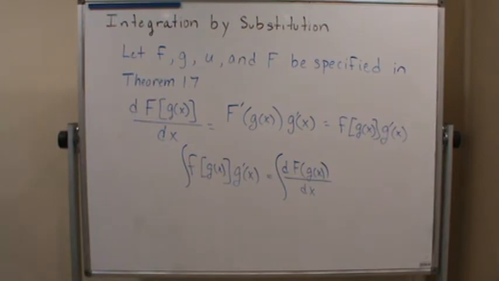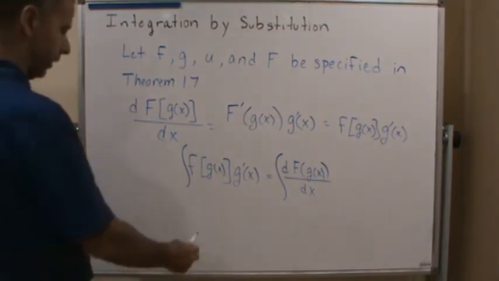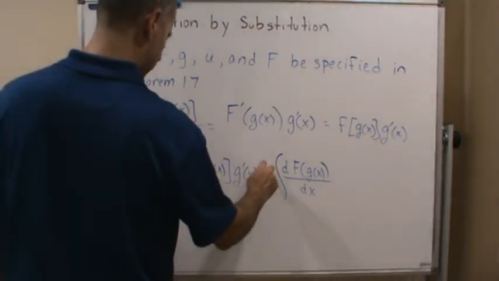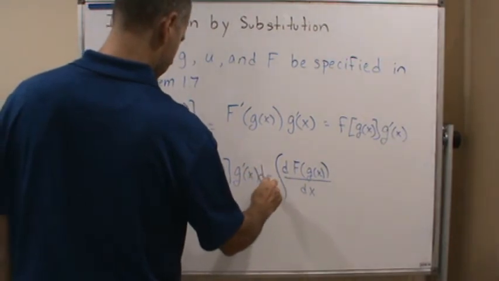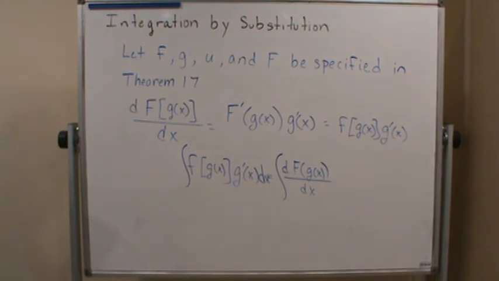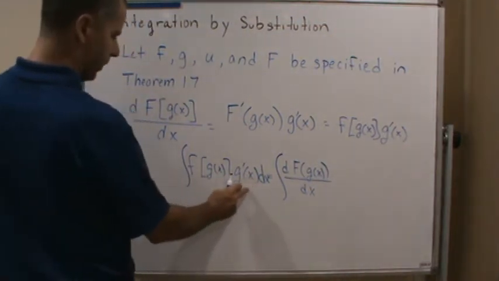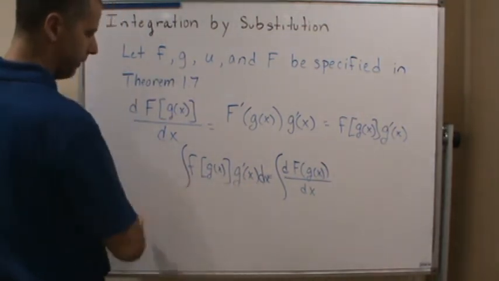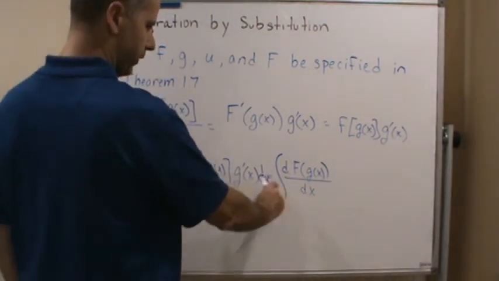And what do we get? Well, over here we get that. So this here is where we started, this is where we ended up. Now what happens over on this side?